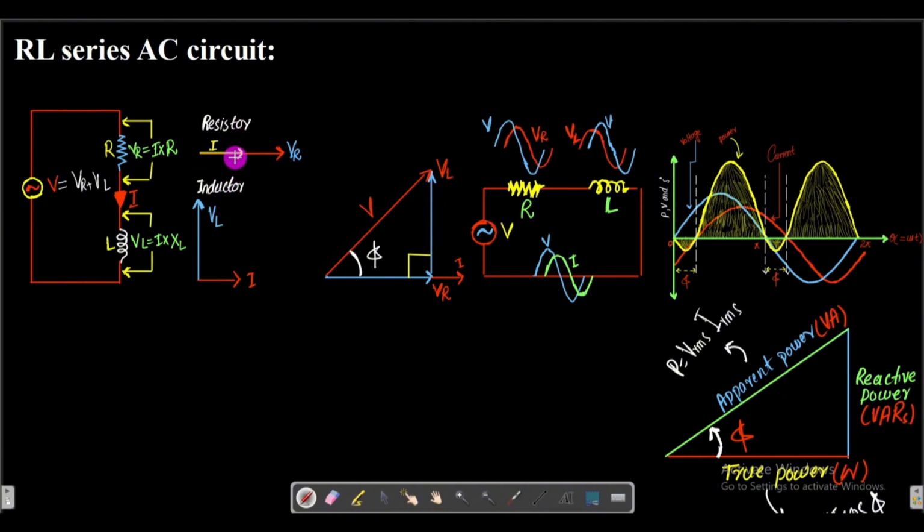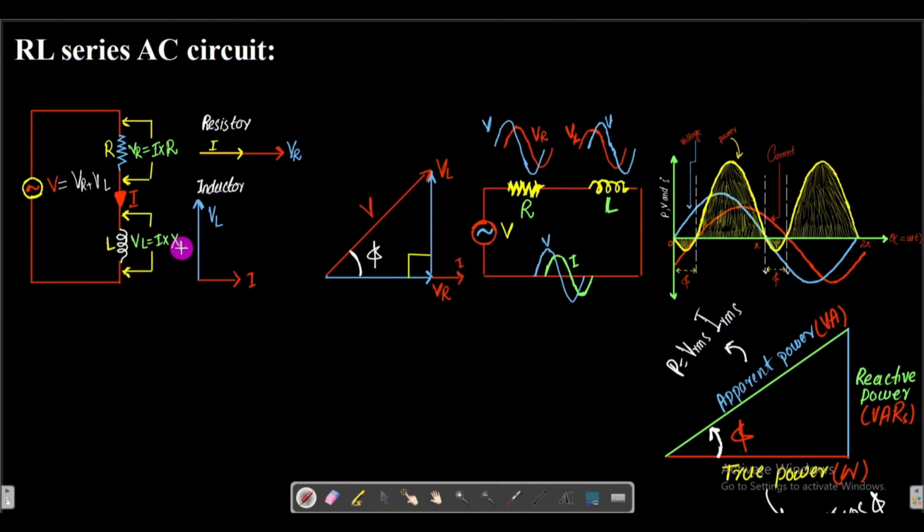First I am going to take this voltage, which is V of R. As we know, in the head to tail rule we will put the tail of the second vector at the head of the first vector.